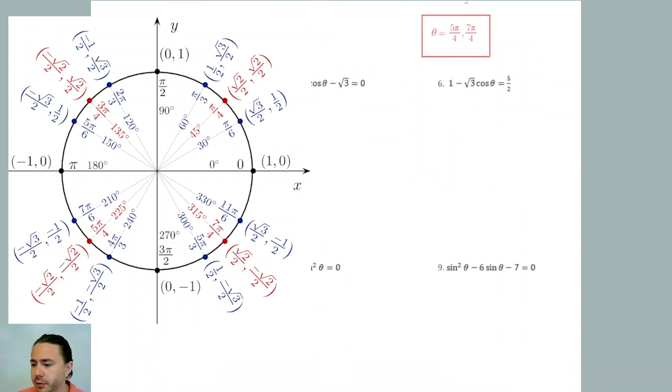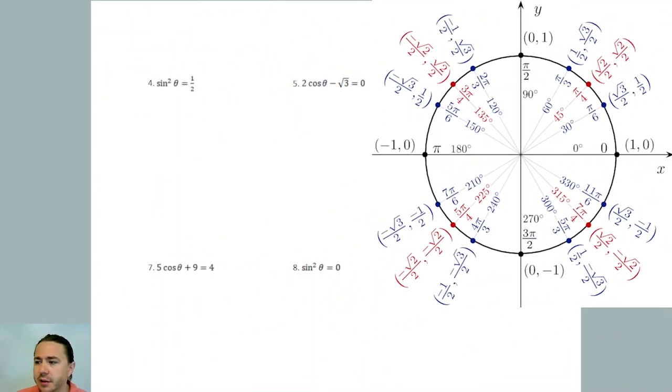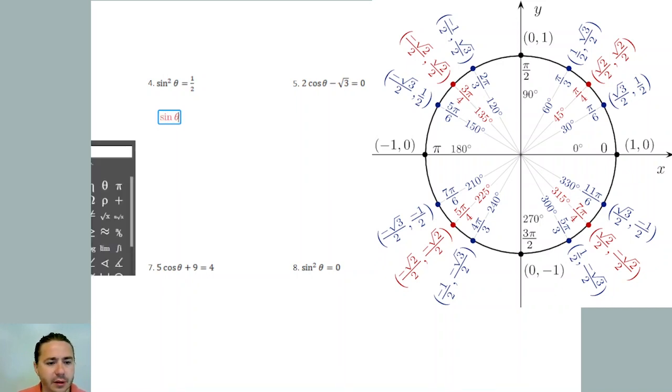Number 4, get rid of this unit circle, says sine squared of theta equals 1/2. So we're going to take the square root of both sides, and that's going to leave me with sine of theta equals plus or minus. The square root of 1 is 1, and the square root of 2 is root 2.